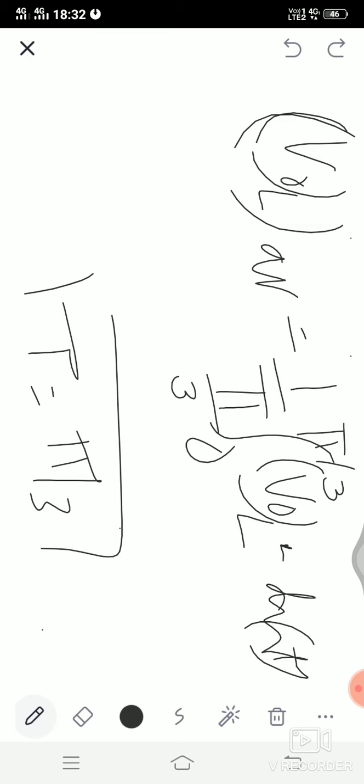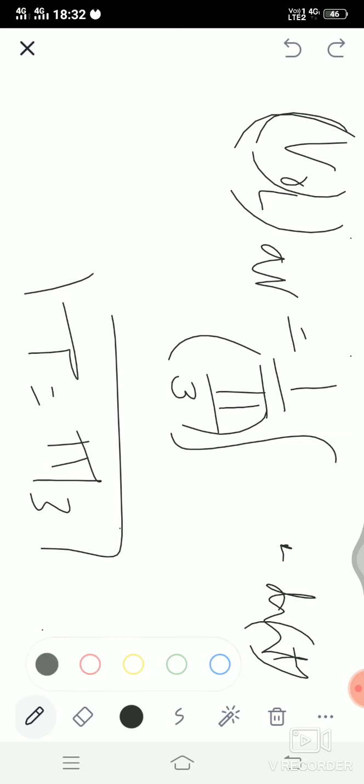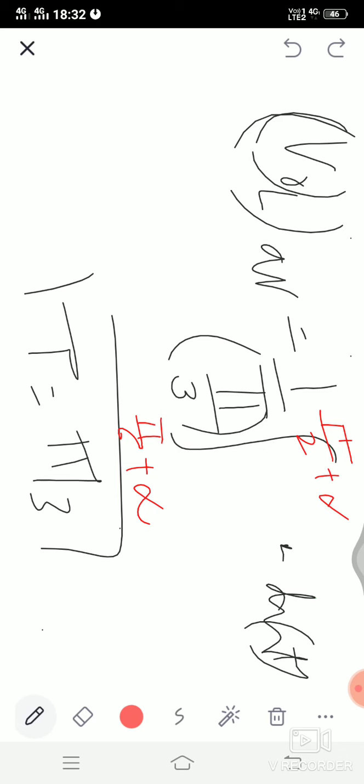Now I'm just making changes in this. Instead of writing pi by 3, I'm putting the limits pi by 6 plus alpha to pi by 2 plus alpha. Just now we saw the limits. And here we are going to write down VAB.